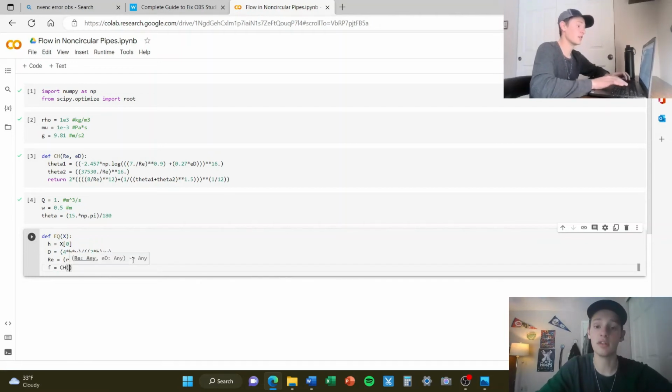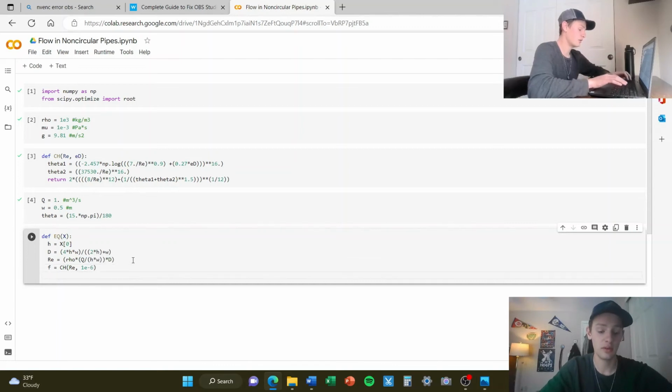The fanning friction factor is obtained from the Churchill equation, where we supply the Reynolds number and the surface roughness, which is 1 times 10 to the negative 6th. And this function returns the difference between the acceleration due to gravity and the expression which we have for the acceleration due to gravity, which I'm going to type in right now.